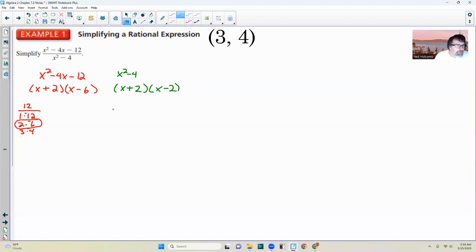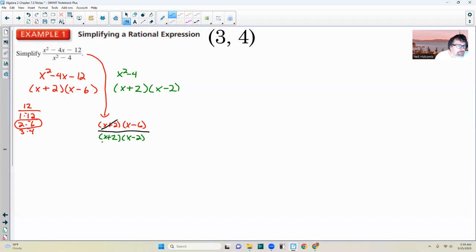So what I'm going to do is rewrite this with our factors. So this is going to become x plus 2, x minus 6 divided by x plus 2, x minus 2.